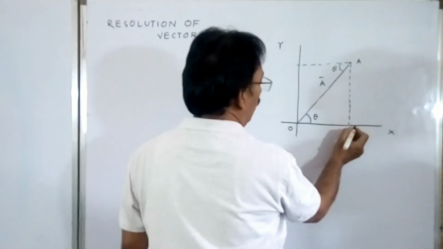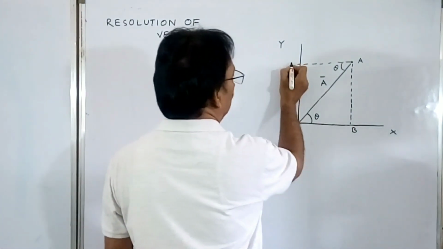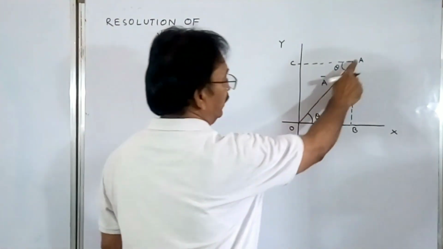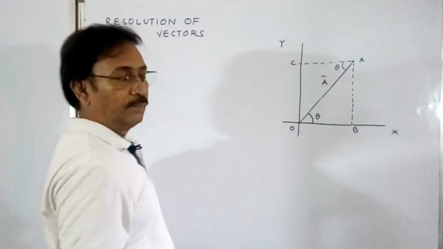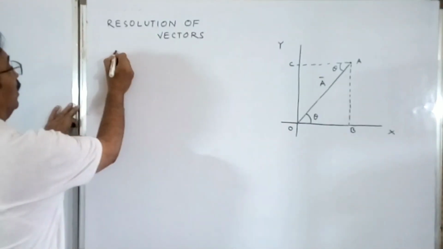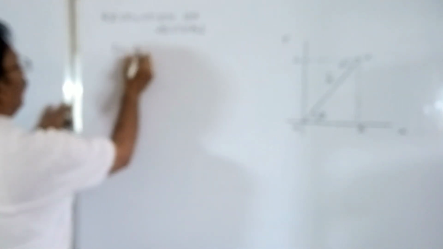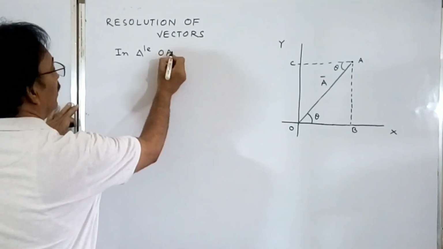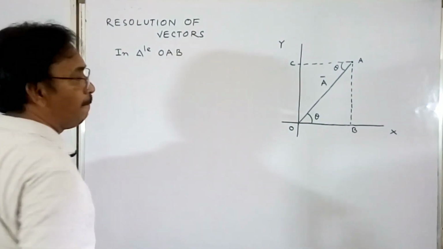Say it is OAB. If you watch the triangle OAB, you know the trigonometric ratios.